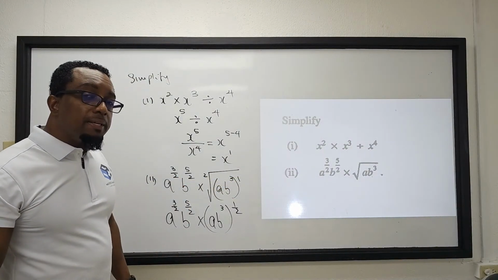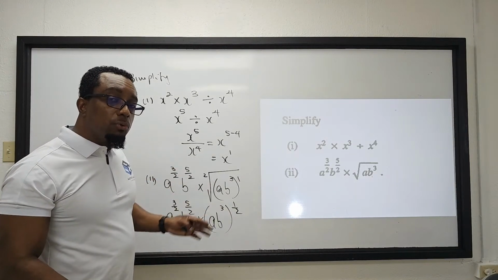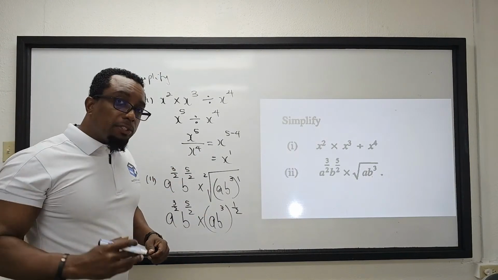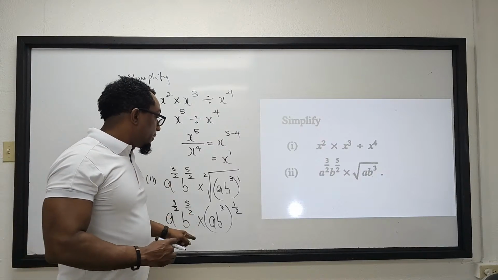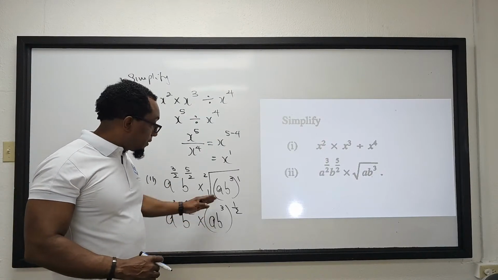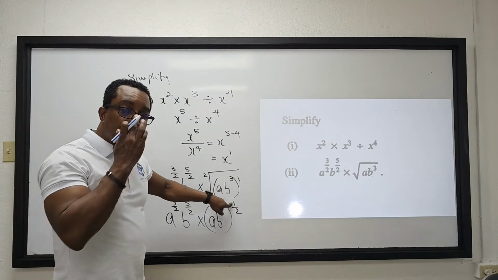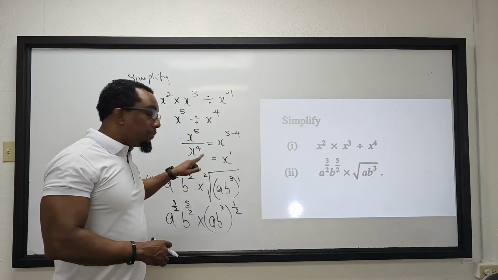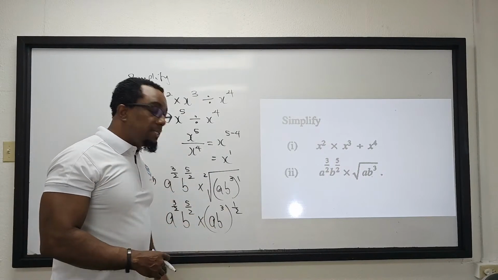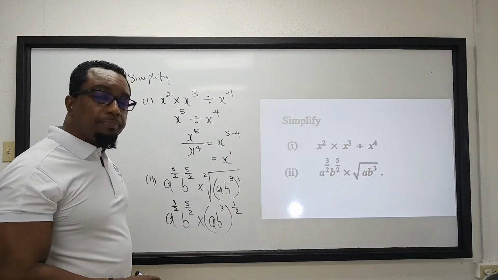So from the law of indices, if you're converting it back to the fractional power, you write ab cubed as is, maintain the brackets, but 1 becomes the numerator of the fractional index, 2, which is the order of the root, becomes the denominator of the fractional index.